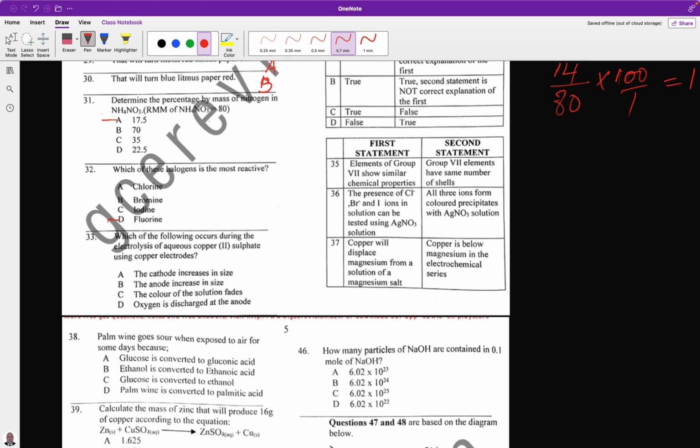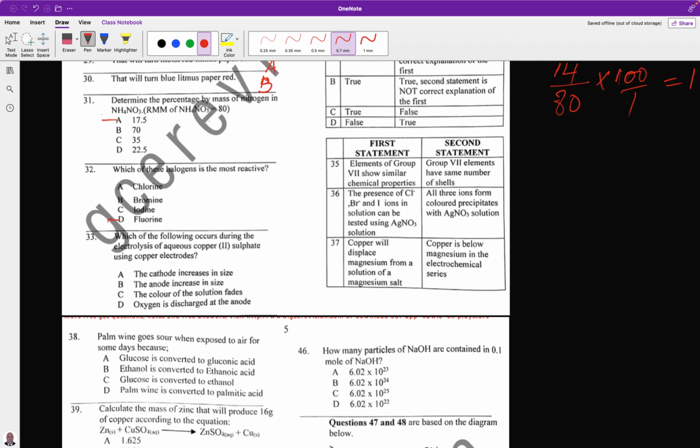Now we're going to 33. Which of the following occurs during electrolysis of aqueous copper 2 sulfate using copper electrodes? If we are using copper electrodes, know that the anode and the cathode are both copper.